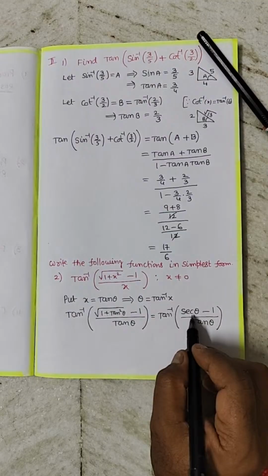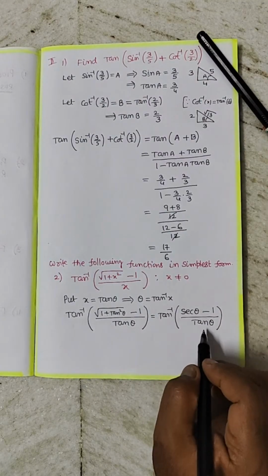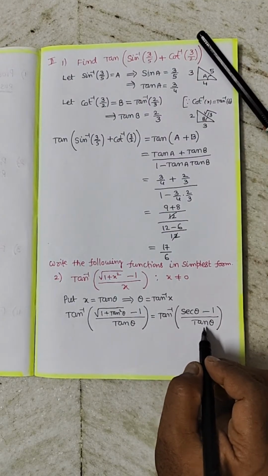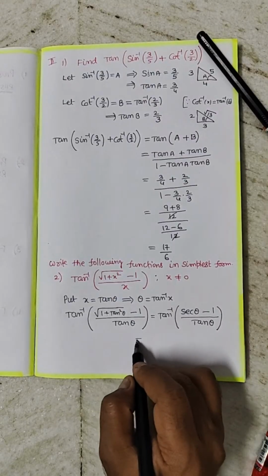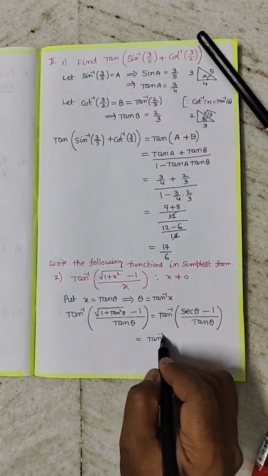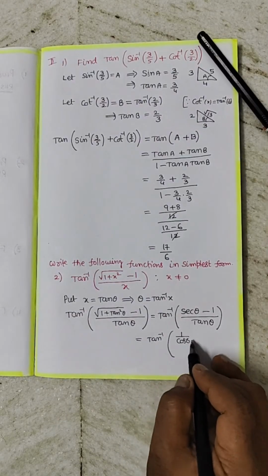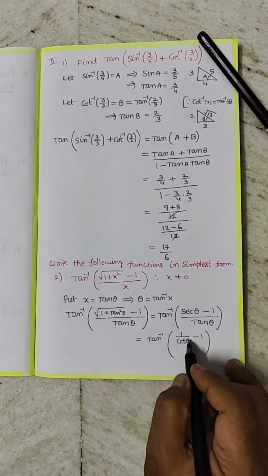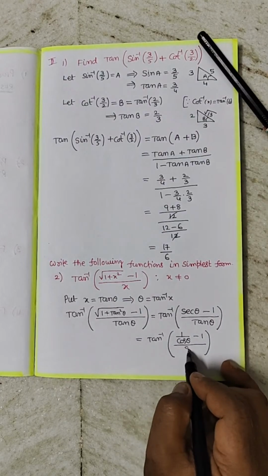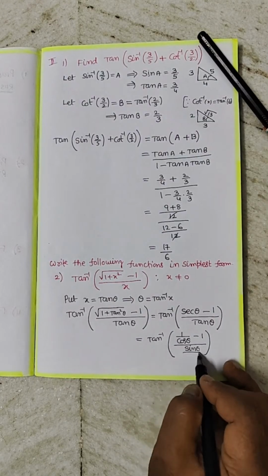So secant theta can be written as 1 by cos theta. Tan theta can be written as sin by cos theta. So which is equal to tan inverse of 1 by cos theta minus 1 by sin theta by cos theta.